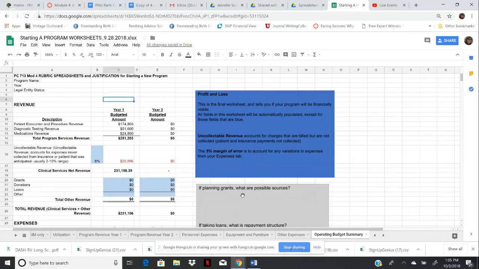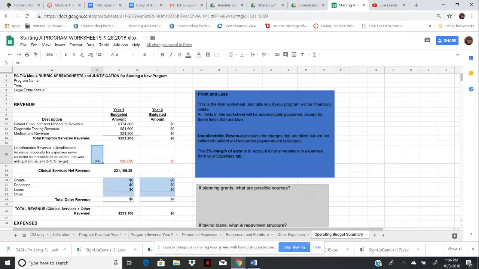All righty. So there is a field here called uncollectible revenue. No matter how good your billing is and your billing personnel are, there will be a certain percentage of what you are billing that you will not collect.